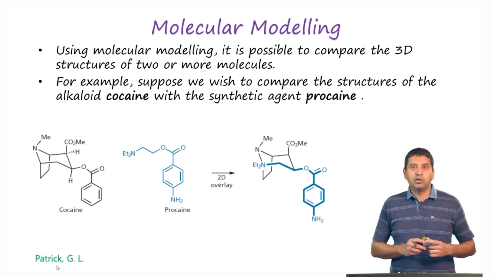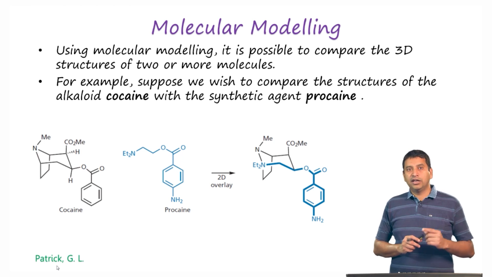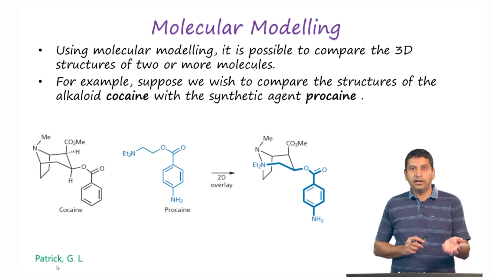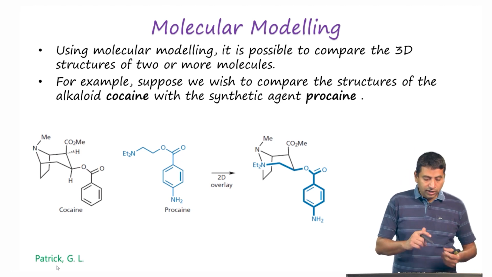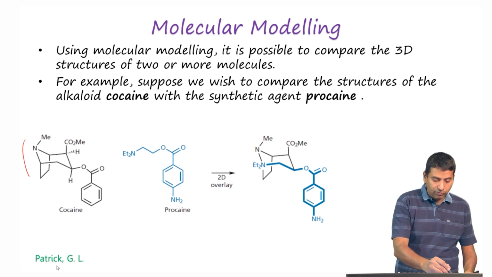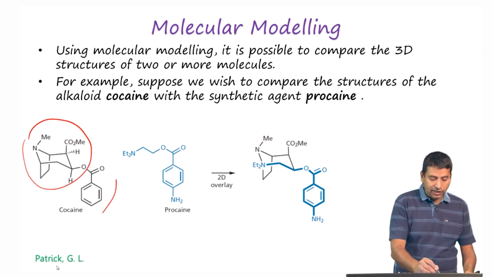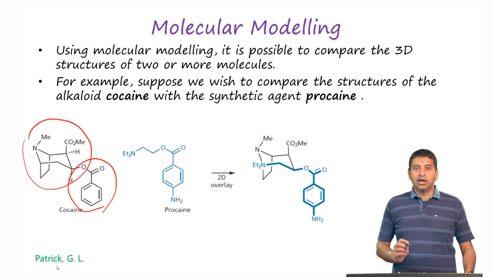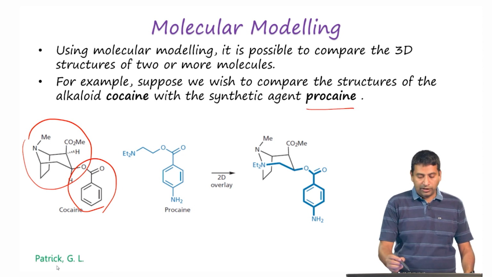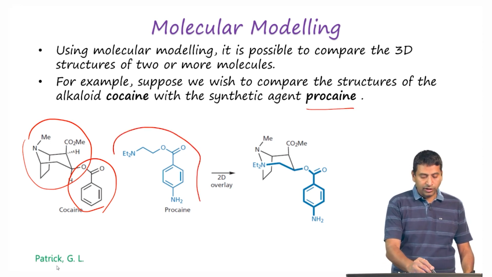Now, another example of molecular modeling is that we take cocaine, whose structure is shown here, a heterocyclic molecule which has a bicyclic ring and an ester. Now, there is another molecule, an analog, which is a synthetic agent called procaine. So, this is the structure of procaine.